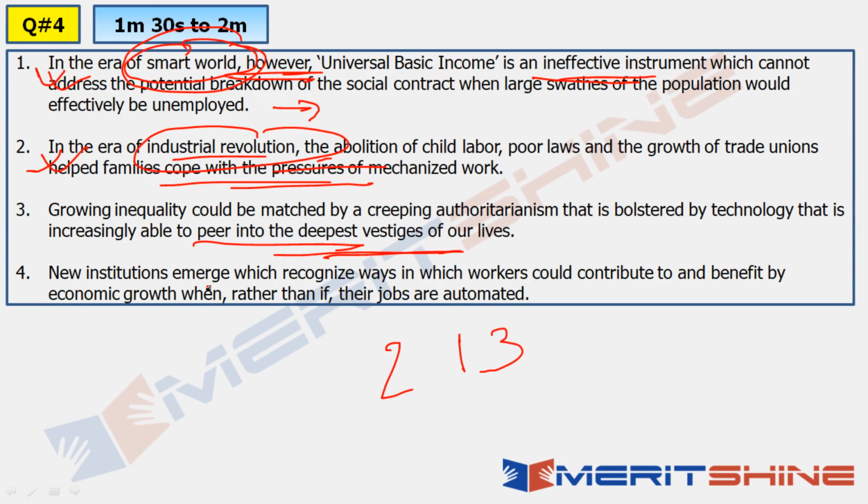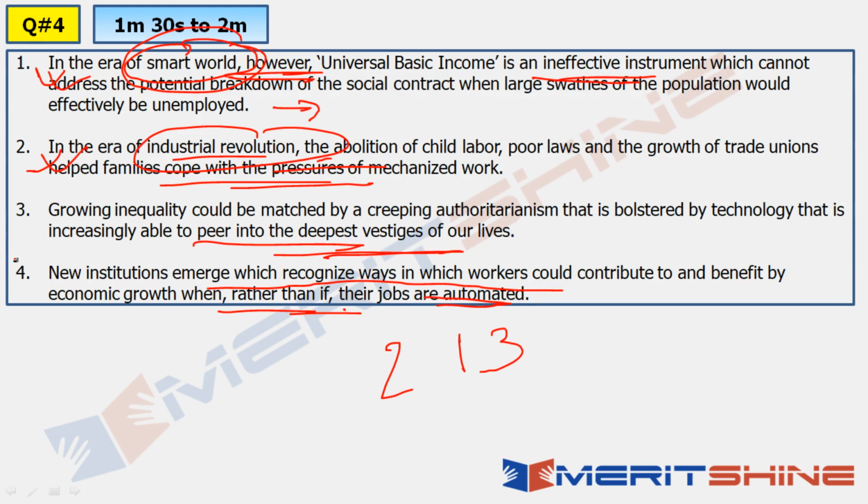Now, "new institutions emerge which recognize ways in which workers could contribute and benefit by economic growth rather than if their jobs are automated." So what they are saying here is, it is given that their jobs will be automated. Now "new institutions emerge" is simple present, that means it's in a process of happening, which understands this, and they are trying to find ways in which workers can contribute other than what they are doing currently.